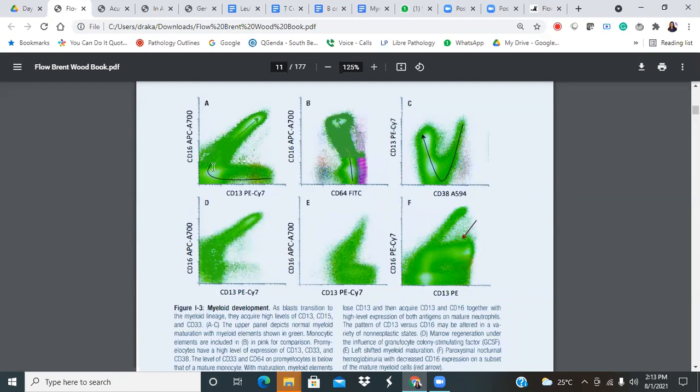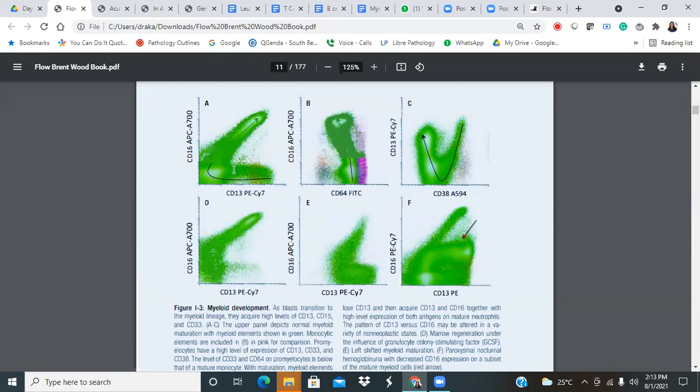So we already know about CD13 versus CD16. When the granulocytes mature, first there is in CD13 a dip at the myelocyte stage, and then they acquire CD13 again, and then CD16 is gradually acquired.